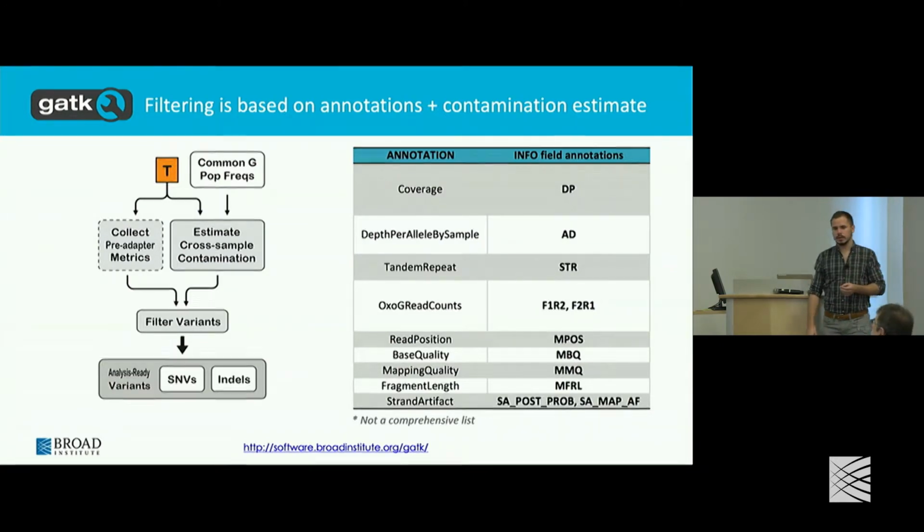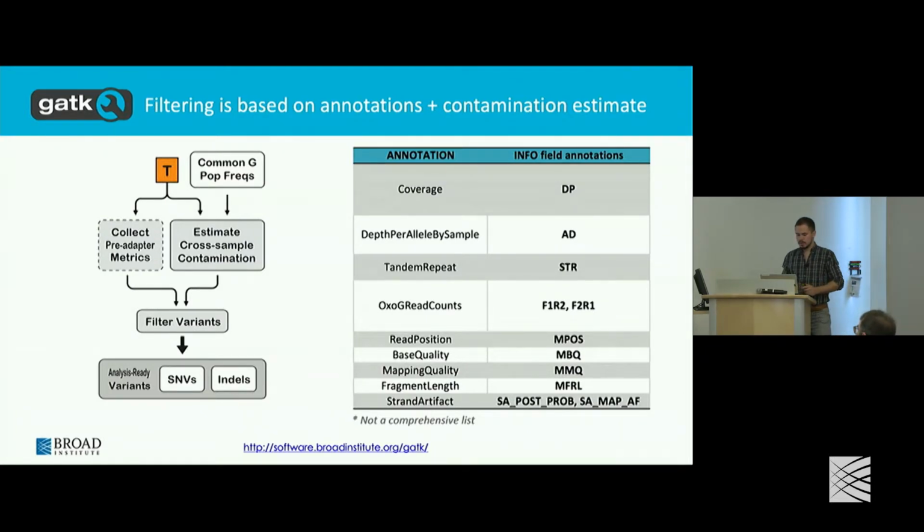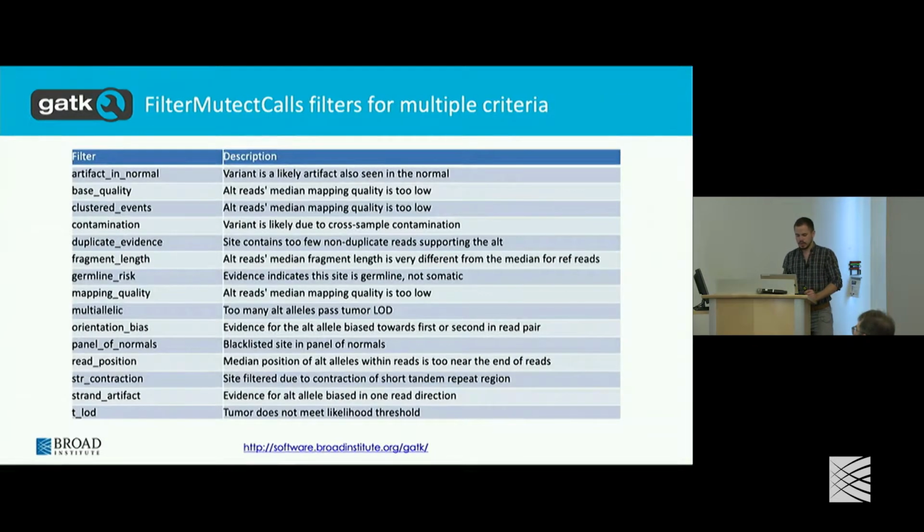All of these go in the VCF as attributes for any site, and then this VCF will be passed to the filtering tool, which will look at those attributes and define some hard filters for filtering those events.